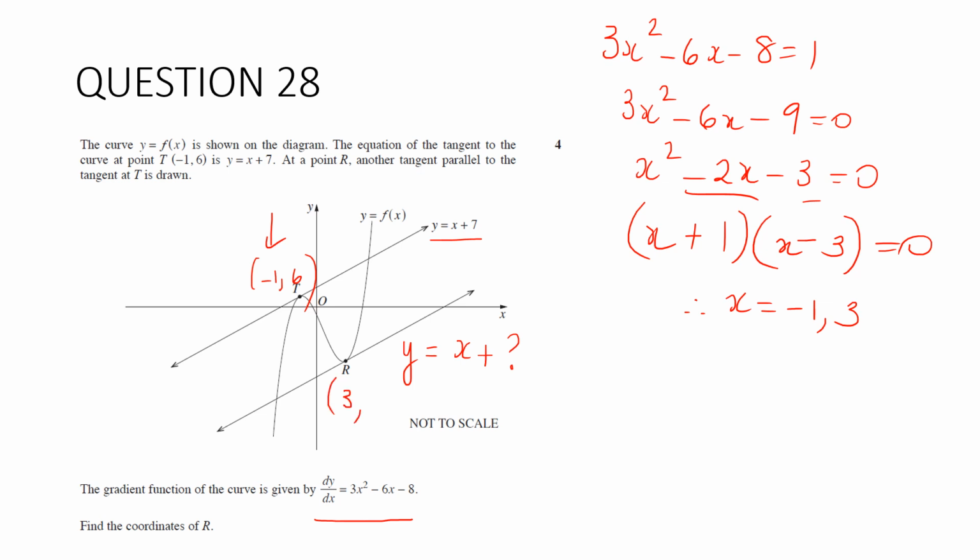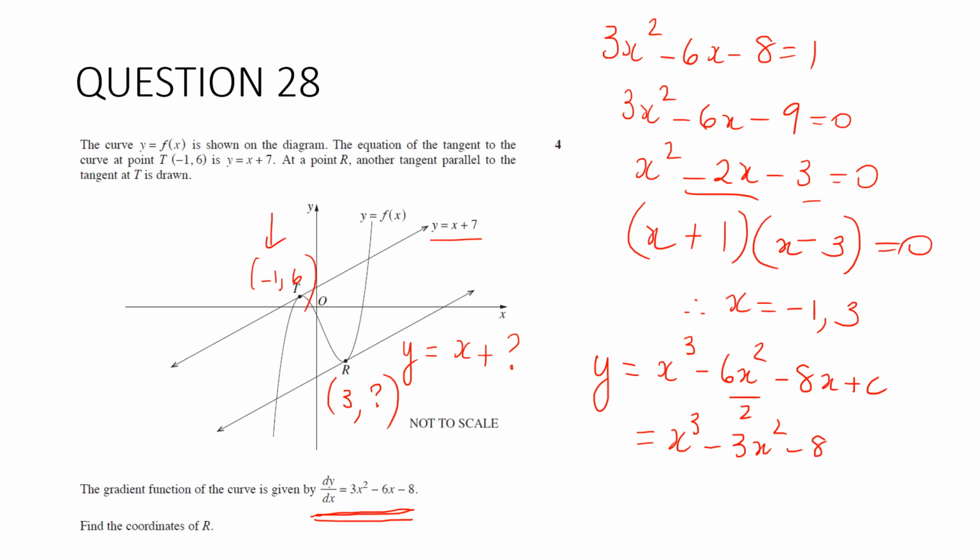We still don't know the y though. So I'm going to integrate this to get the curve. y will be 3x squared, the integral of that is x cubed, minus 6x squared divided by 2, minus 8x plus c, which is x cubed minus 3x squared minus 8x plus c.